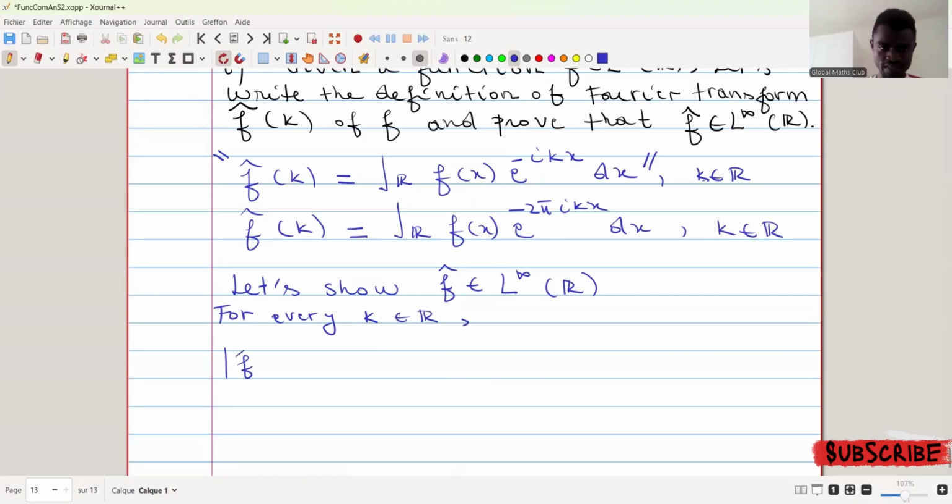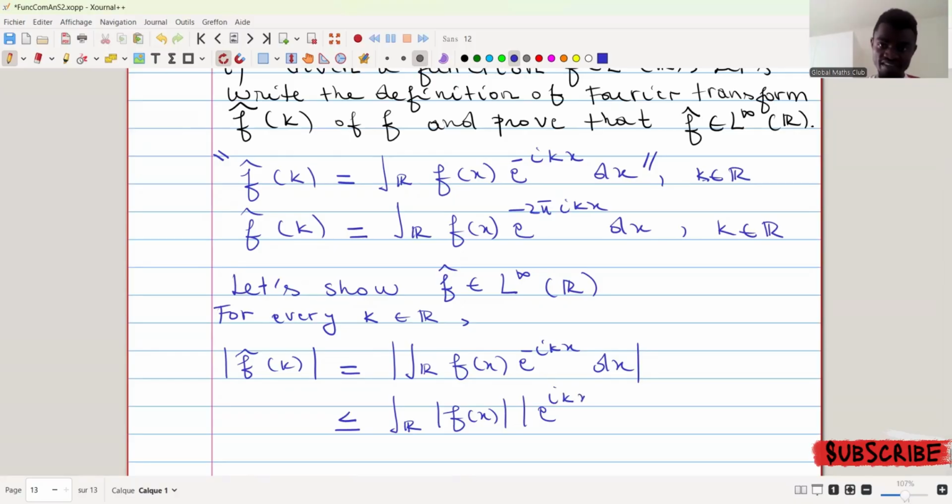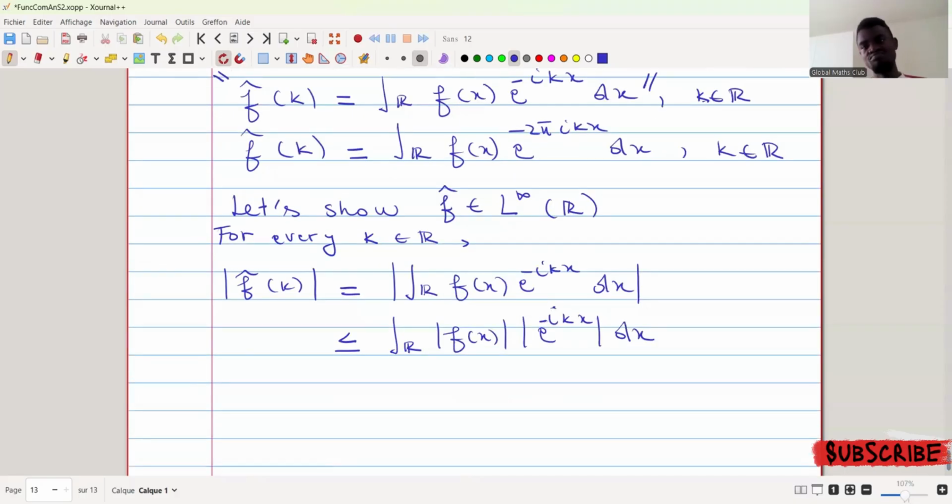what do you have? If you take the absolute value of this quantity, this is less than the absolute value of f, or the modulus. It's better to say the modulus because we are in C, we are using complex numbers.